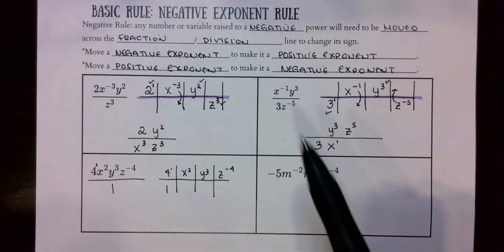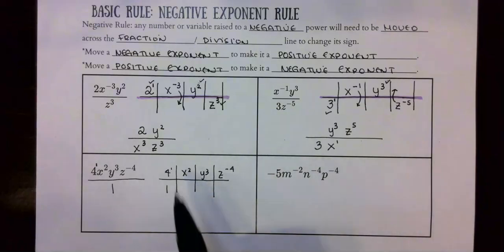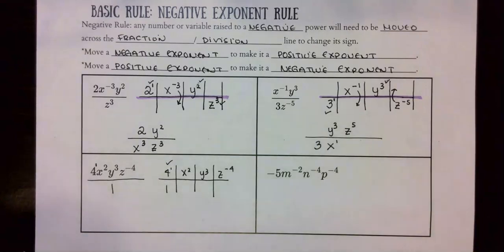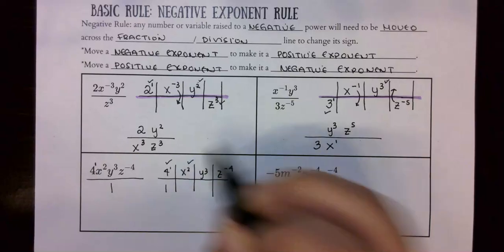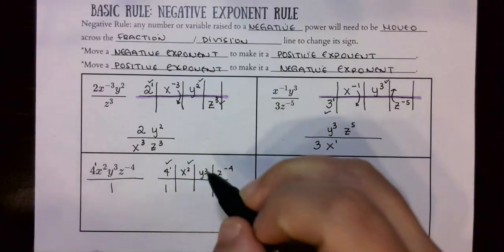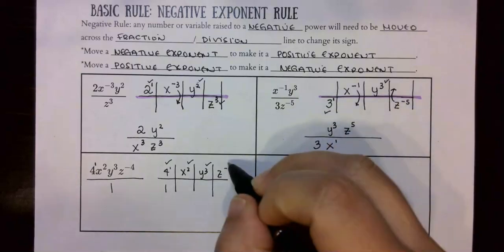Okay. So from here, 4 over 1 is just going to be 4. It just simplifies to be 4. We don't have to move the 4 because it has a positive 1 exponent. We don't have to move the x because we have a positive 2 exponent. And we're not moving the y because it has a positive 3. The only one that needs to be moved is z because it has a negative 4.